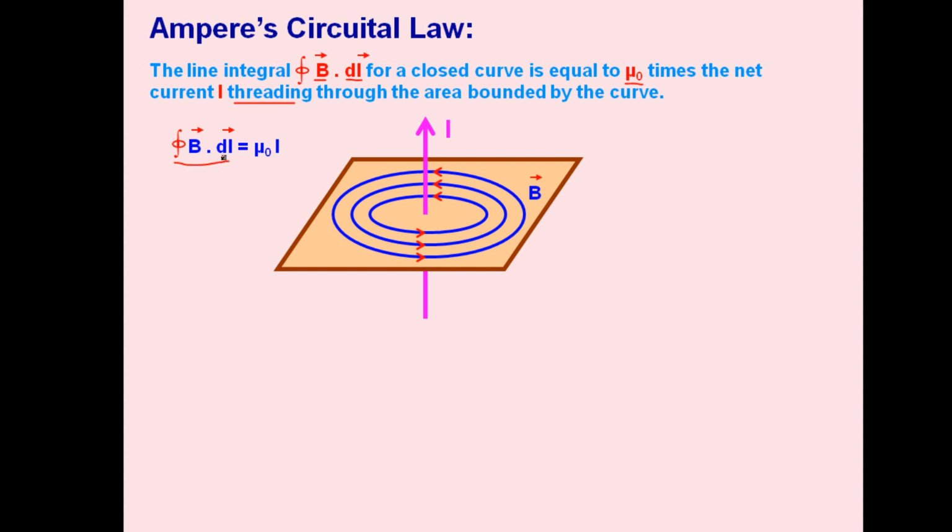Here the dl is called line vector, which is drawn over the closed path as compared to right hand thumb rule only. See, if we have a wire carrying certain current I, we will consider a closed path around this.